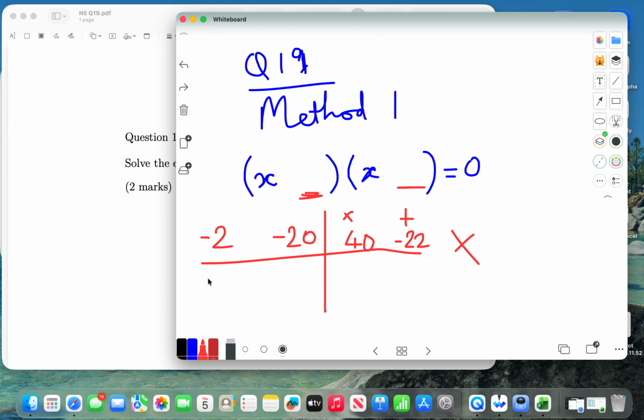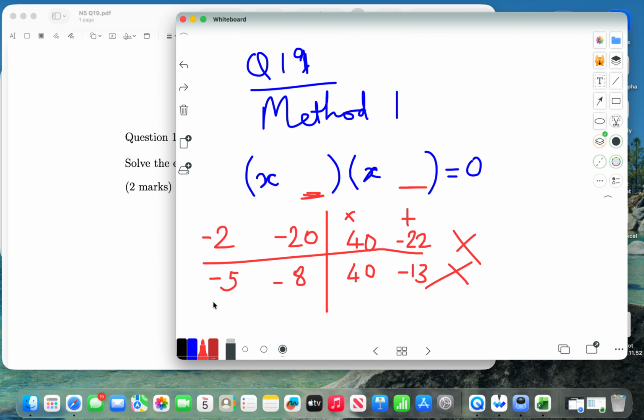Or let's do minus 5 and minus 8. They also multiply to get 40, but they add to make minus 13. Minus 4 and minus 10 multiply to make 40, and they add to make minus 14 as required.